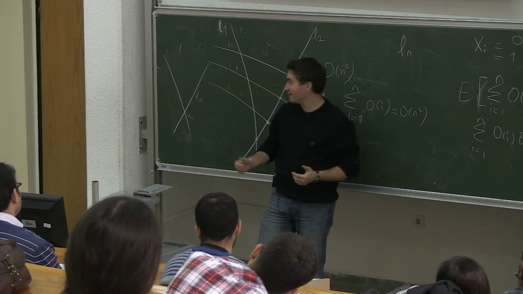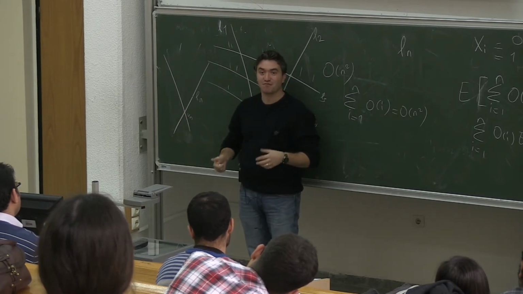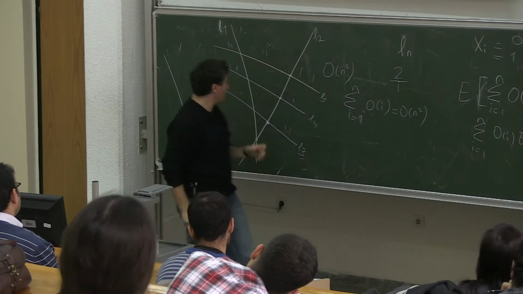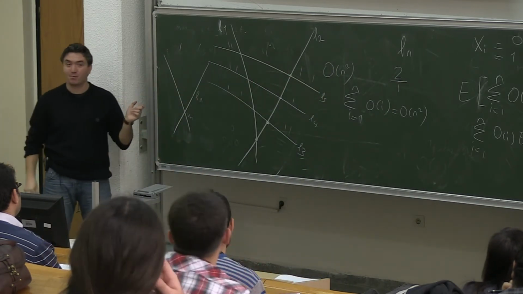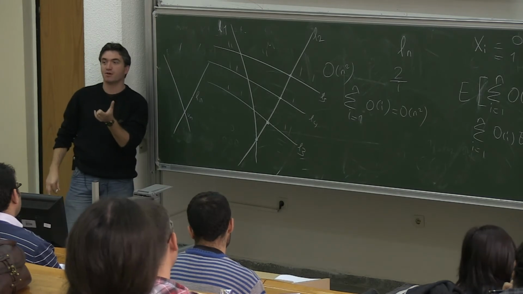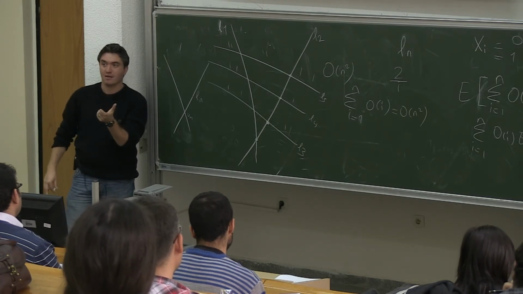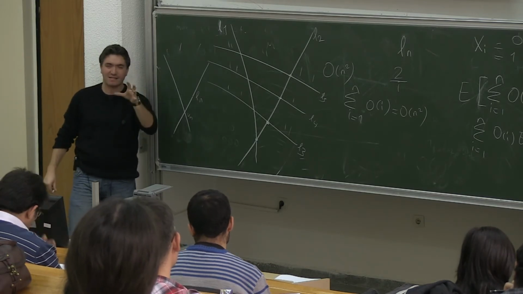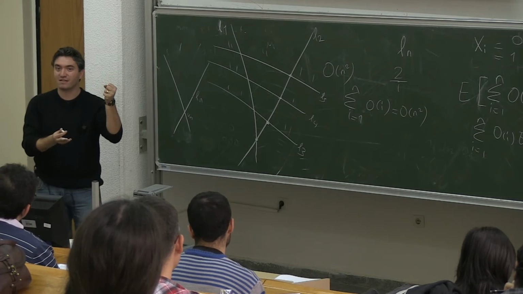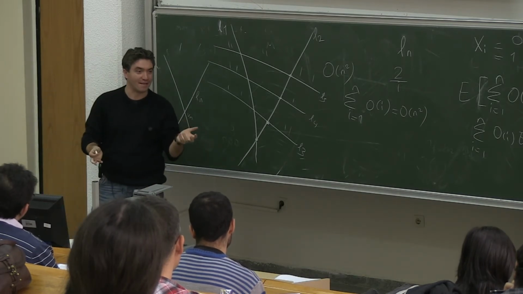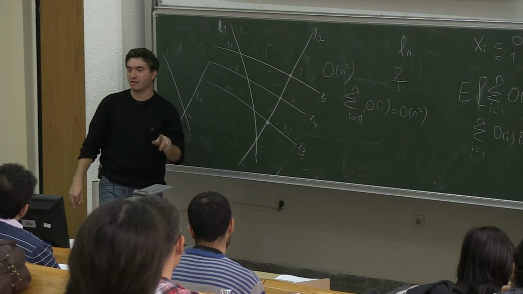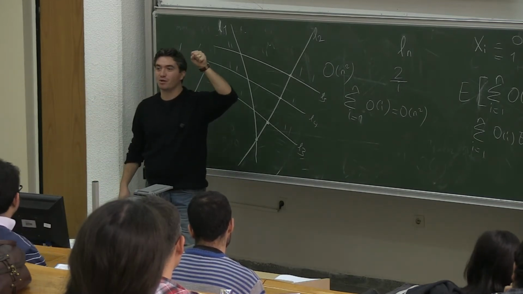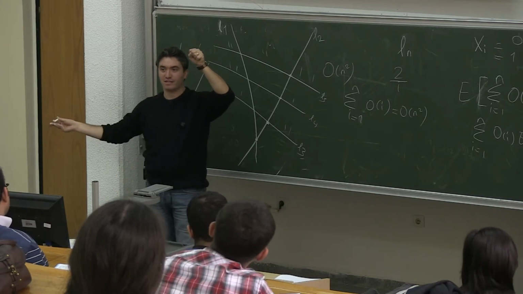The probability that Ln is defining this vertex is going to be equal to 2 over i, because we have a convex polygon with n vertices and each vertex has two incident edges. Pick a random edge of this polygon and a vertex, for example vertex 1.